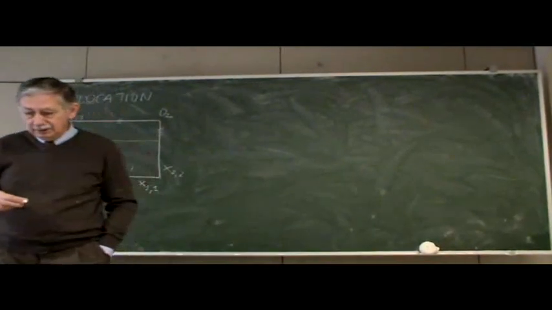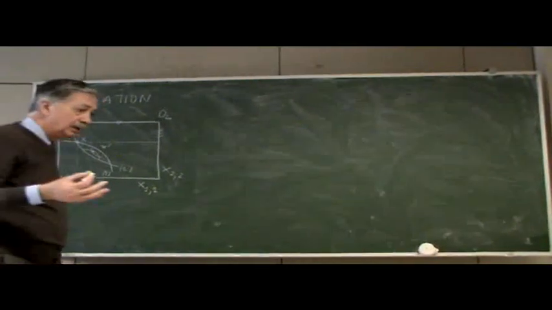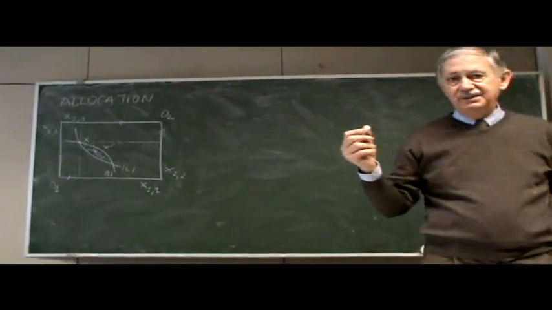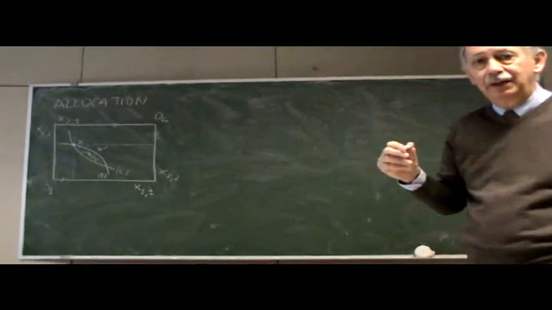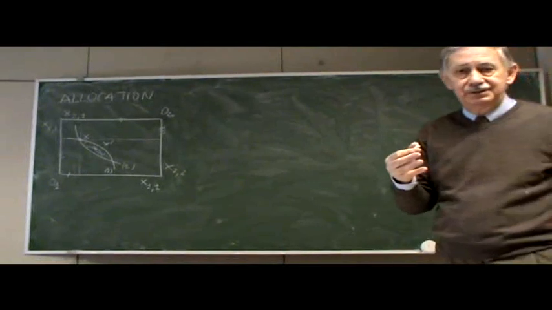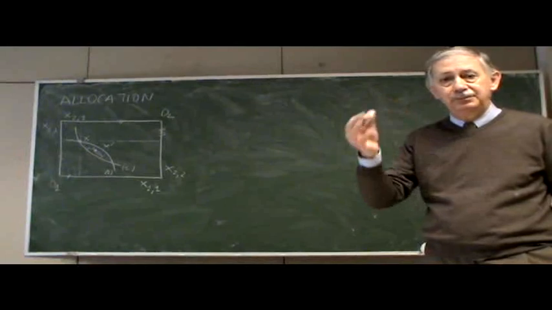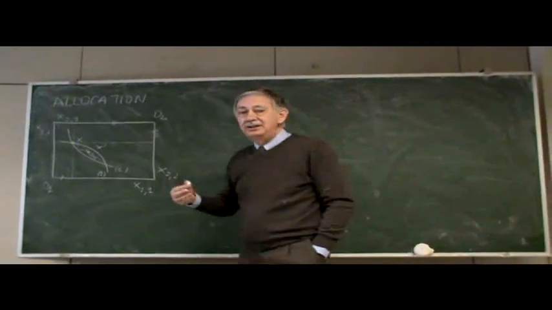In other terms, given the total available quantities of goods, by means of this redistribution, this passage from the original X to this X prime, you have succeeded in increasing both the utilities. The allocation X is not efficient.